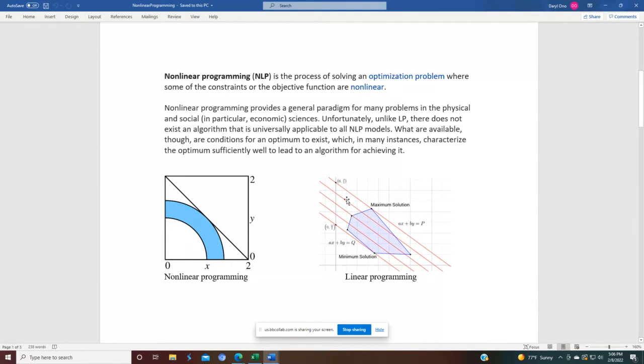Here's what a linear programming problem looks like. We're good at this now. But now we want to look at nonlinear programming. When we go to Excel, they're going to give us two options to use to solve a problem.